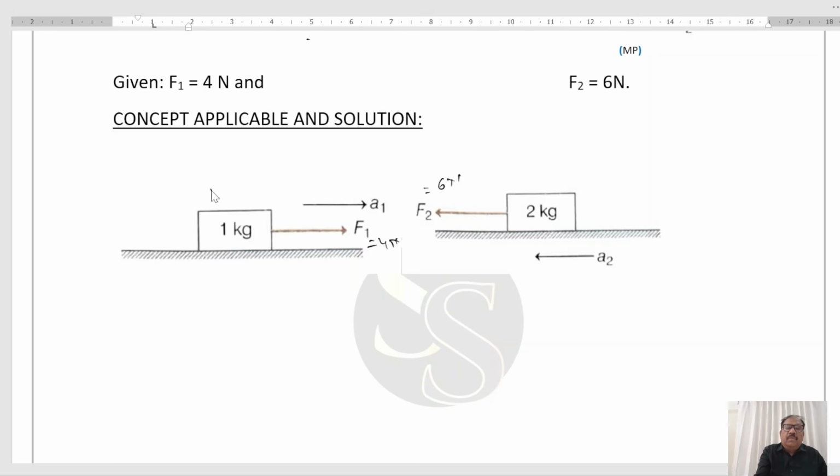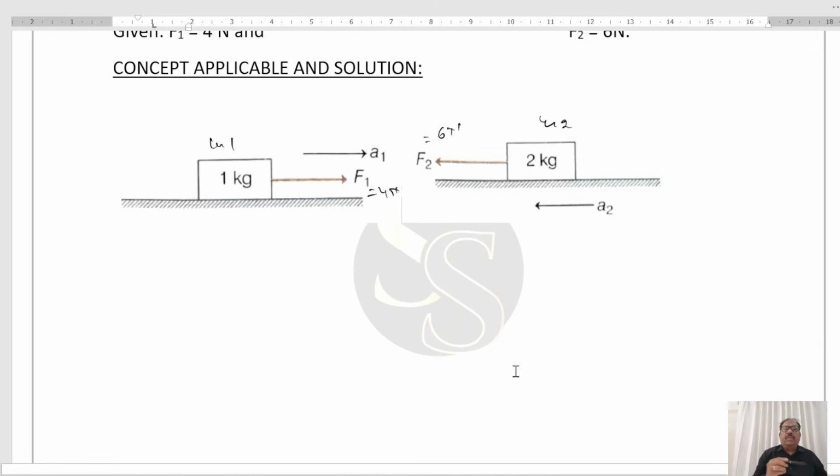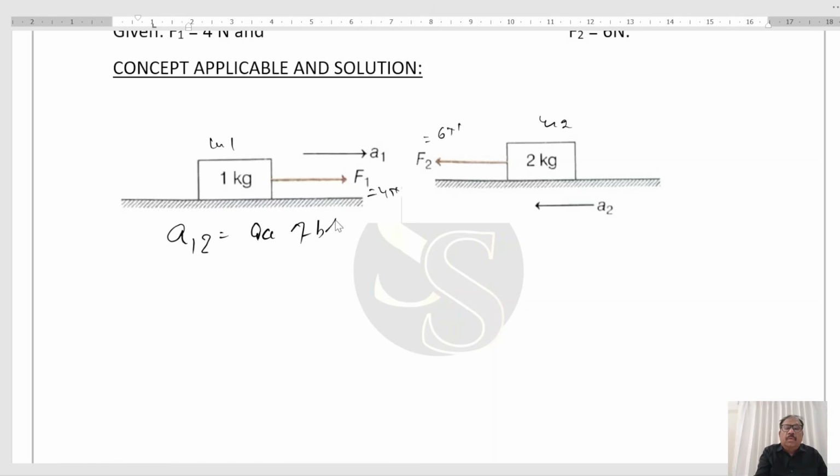Let's say this is mass M1, this is mass M2. We have to find acceleration of block 1 with respect to 2, A12. It means the observer is at block 2.